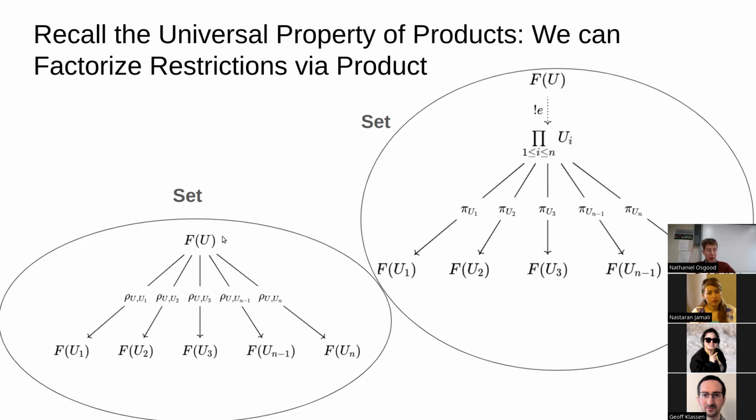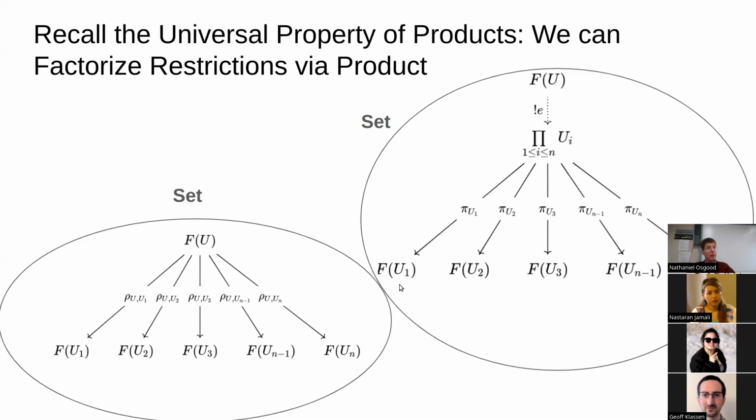then that object will have a unique morphism to the product of these things, such that the map from f of u to f of u1 is the same as e and then pi of u1.